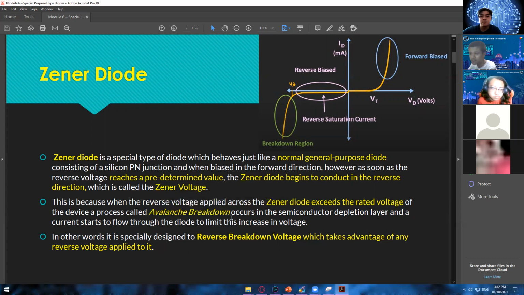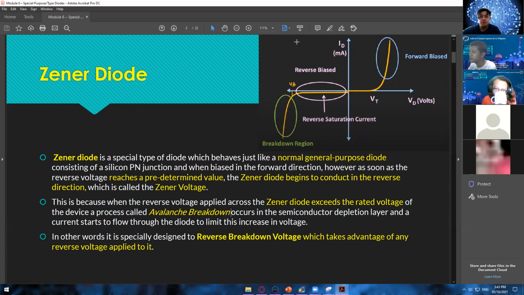Once current is permitted to flow through that diode in the reverse bias connection, this occurs in a semiconductor depletion layer, and a current starts to flow through the diode to limit this increase in voltage. In other words, it is especially designed for reverse breakdown voltage, which takes advantage of any reverse voltage applied to it.